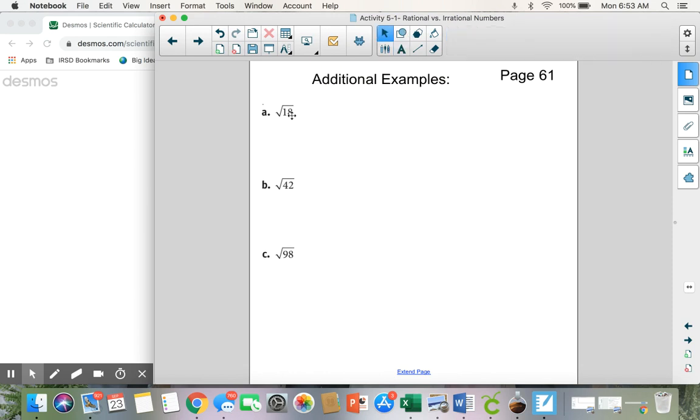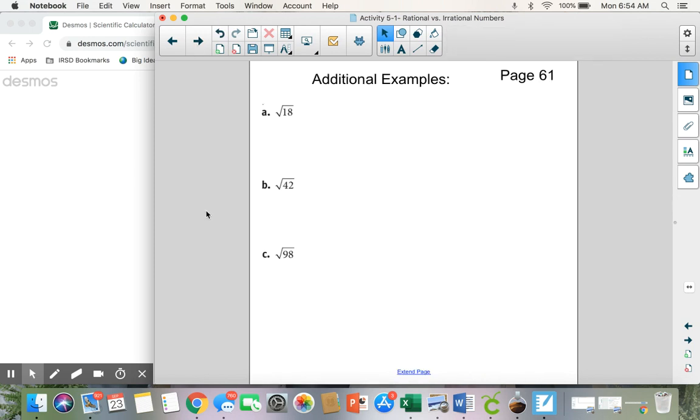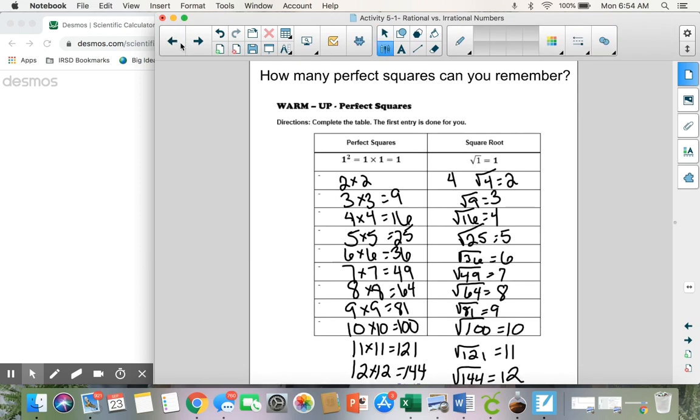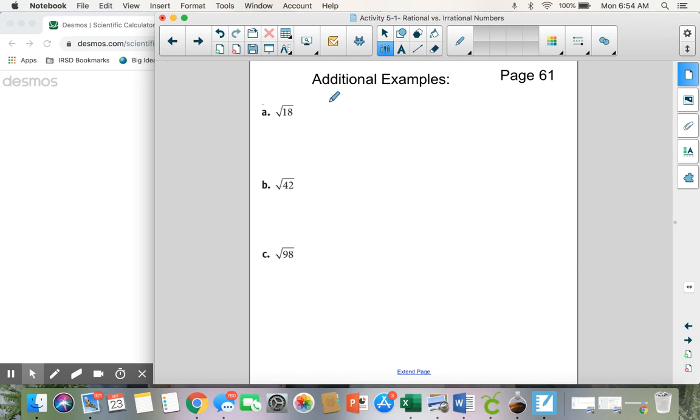All right, so let's go back to our original step right here. Step 1, identify the perfect square before and after. So if I have the square root of 15, my perfect squares before, if I go back to look at my perfect squares, are 16 and 25. So 16 would be the one before and 25 would be the one after.